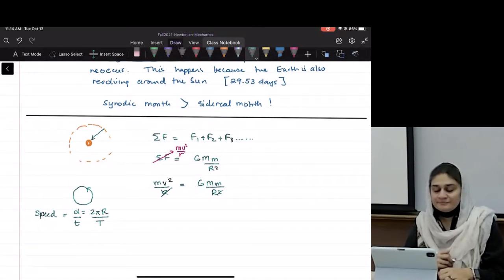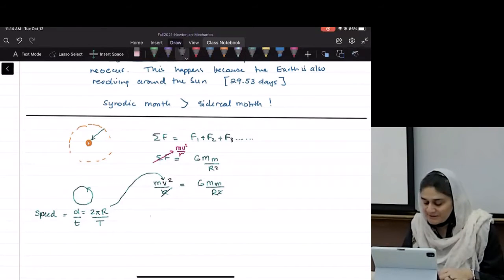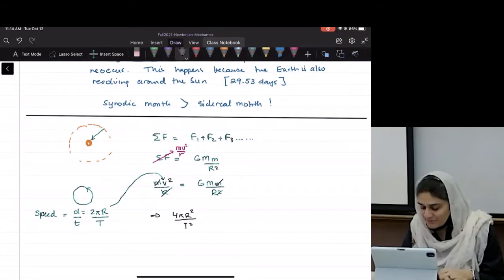What is d over t? Speed. Can I plug this value in here? Yes. So what do I get? This implies the m's go away. I will get 4 pi squared r squared over T squared equals GM over r.